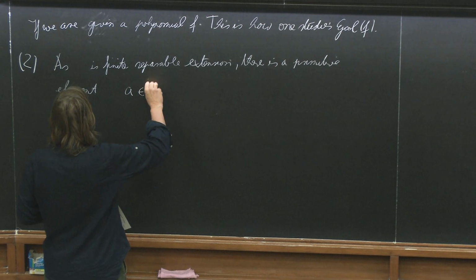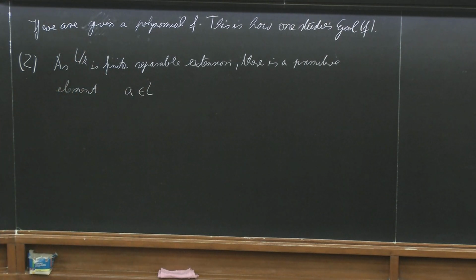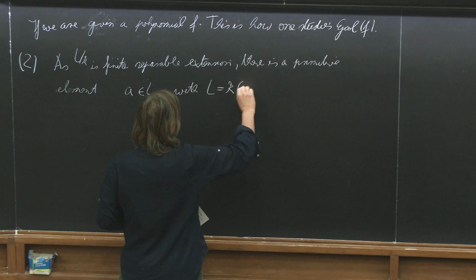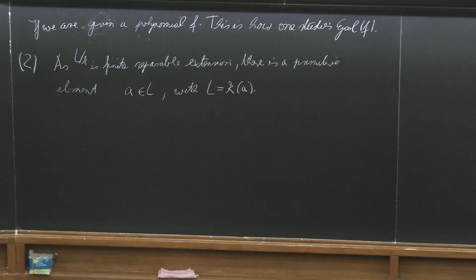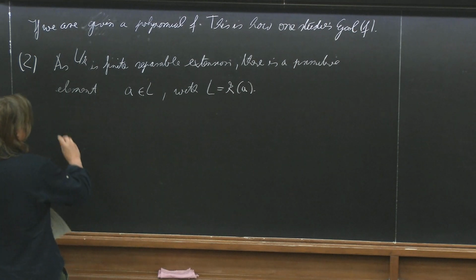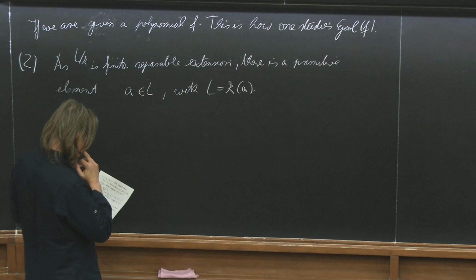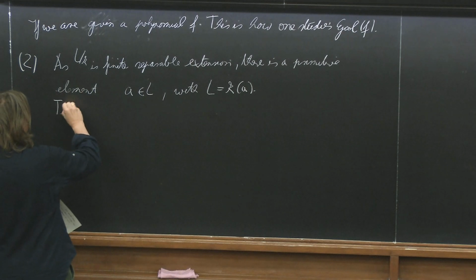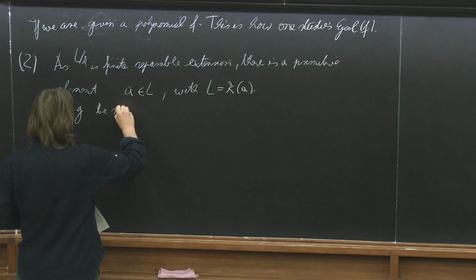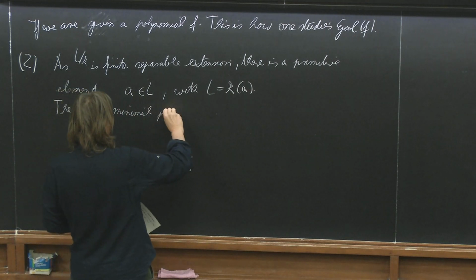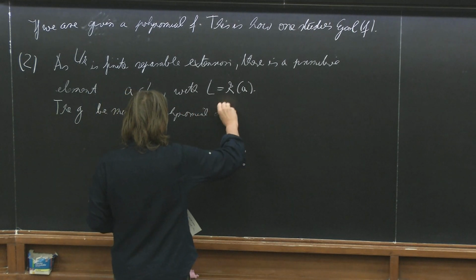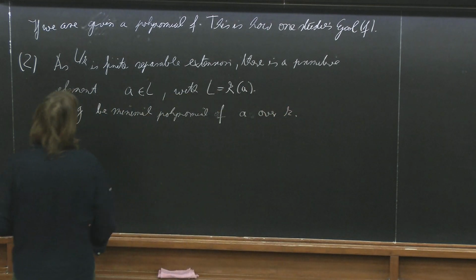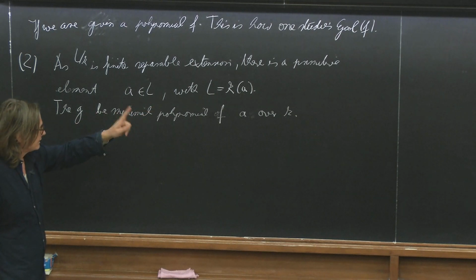There is a primitive element a in L, that means such that L is equal to the extension generated by a over K. So let's look at the minimal polynomial g of a over K. Then we know the degree of the minimal polynomial is equal to the degree of the extension, which is large N.